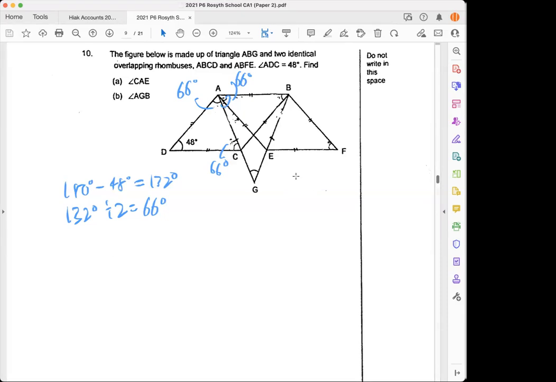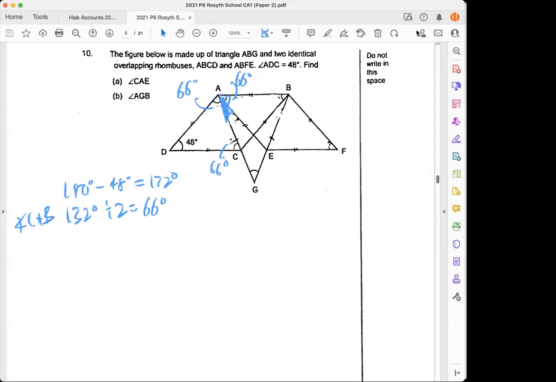Angle CAB is this angle. All right. So we want angle CAE. We want this angle. CAE will be equal to... So I correct myself.